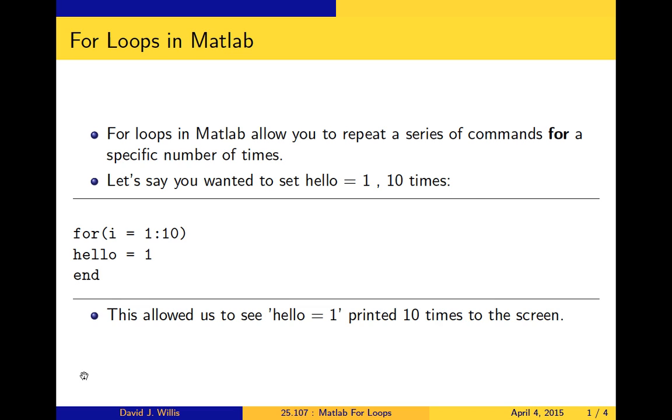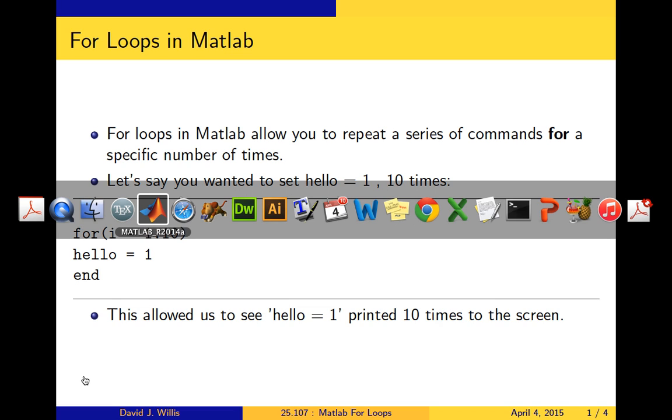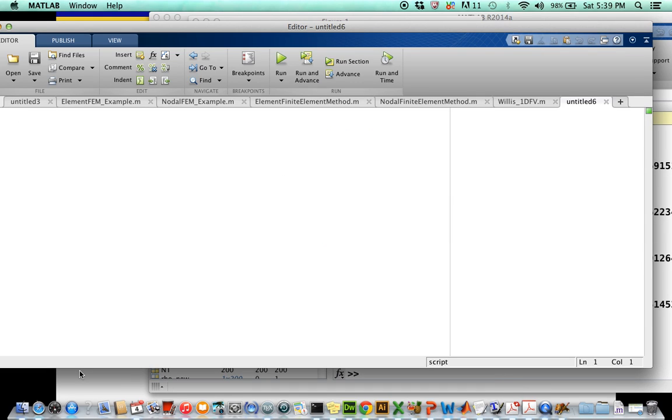So let's take a look in MATLAB at how this looks. We said for i equals 1:10, hello equals 1, end. And let's just do the following: clc, clear all, and close all.